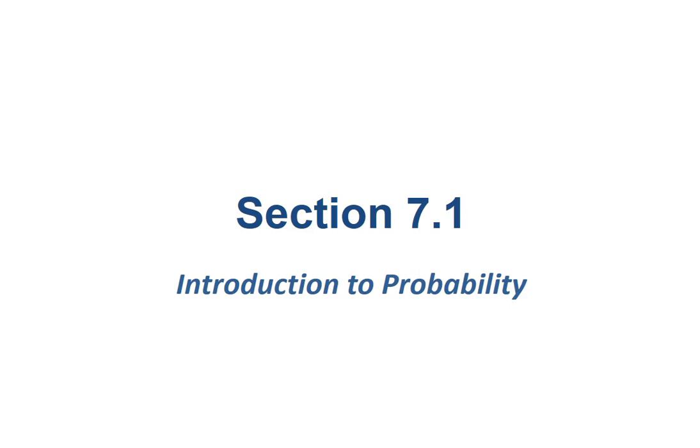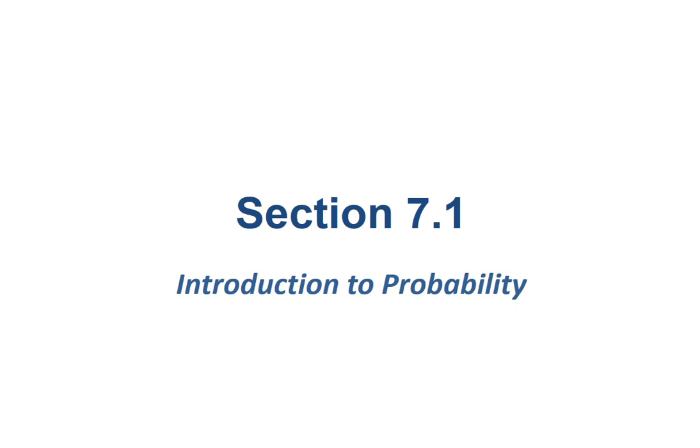All right, we're going to move on to topic 7.1, and we have just one topic left after this to complete Math 1108. So here we are starting at the beginning of our study of probability.